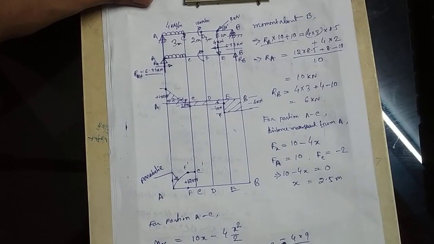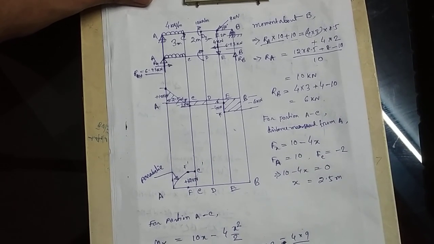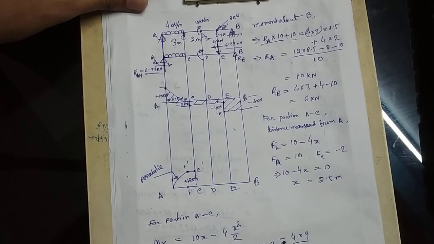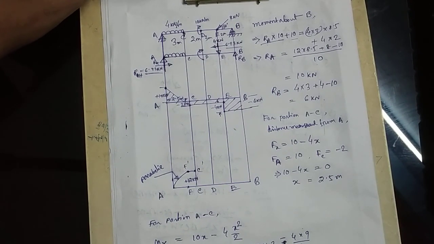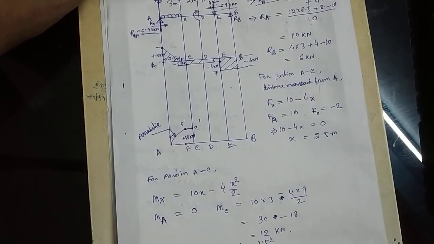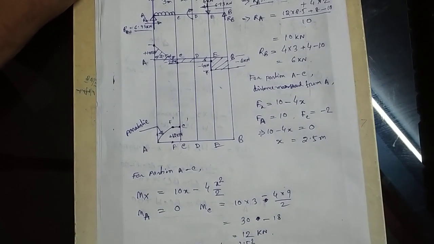So MF at x equal to 2.5 is 10 into 2.5 minus 4 into 2.5 square by 2, and that will become, upon calculation, 12.5 kilonewton meter. Okay, so between A to C the maximum bending moment is 12.5 kilonewton meter. This is not necessary. If it is asked, then you can write it.